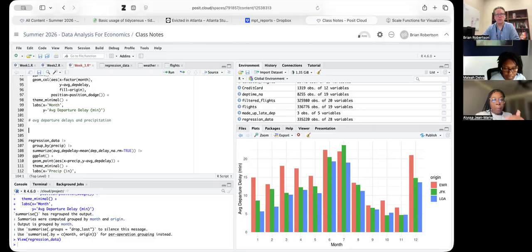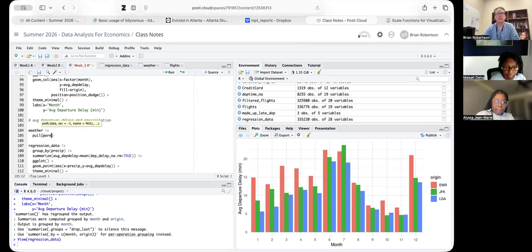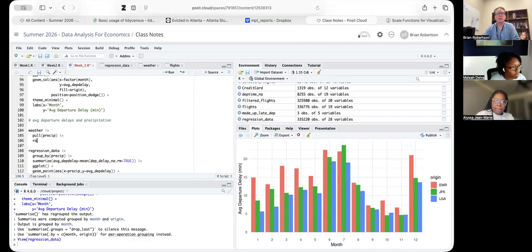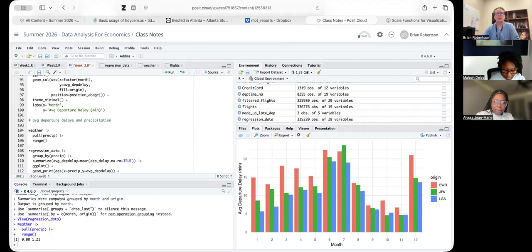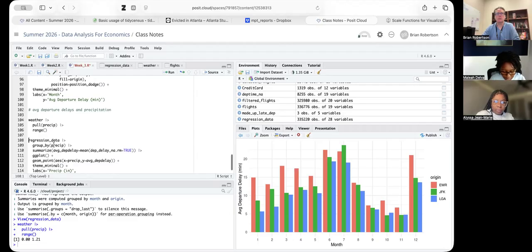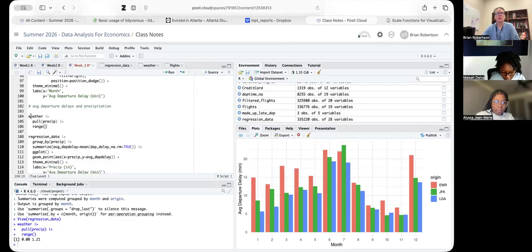Let's do weather, I'm going to do pull, precip, and I'm going to do range. And what range is going to do is give me the min and max of my data set. And if I do that, what do I get? So the ranges go from 0 to just under an inch and a quarter.